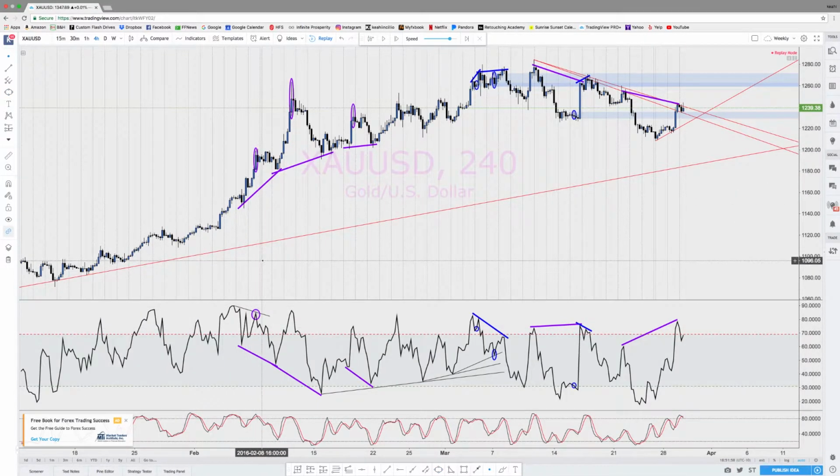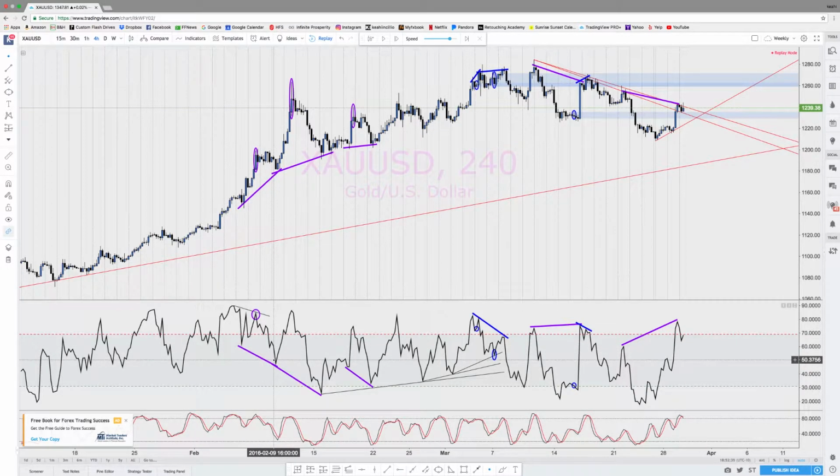So the way I look at it is price. Okay, we created this zone on the RSI with divergence. This divergence is saying that there's a strong possibility price wants to go up, based on this divergence. Now, there's most likely a level price needs to break in order to make new highs in this case.